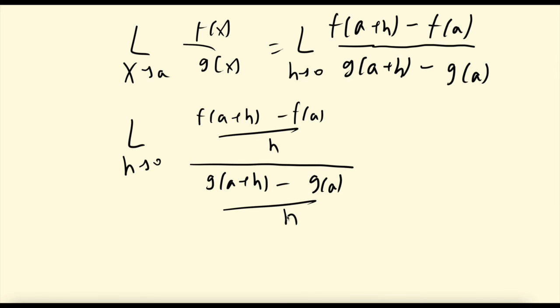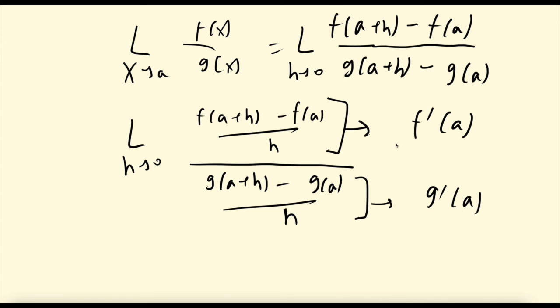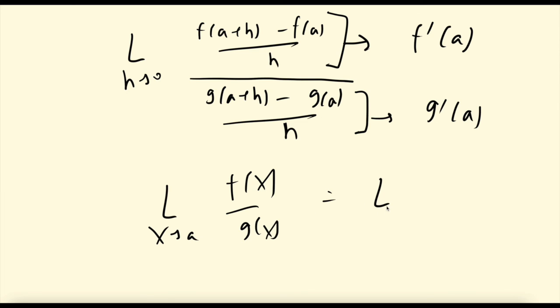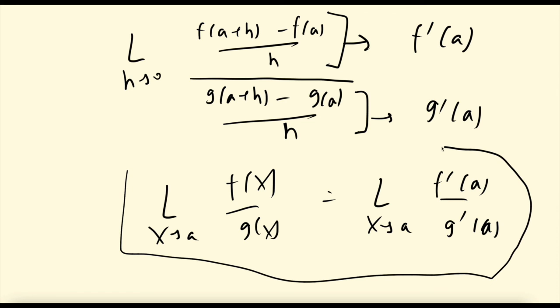And from the definition of a derivative, we know that the numerator is actually f prime of a, and the denominator is g prime of a. So we get f of x by g of x, limit as x tends to a, is equal to limit as x tends to a of f prime of a by g prime of a. And that is the rule.